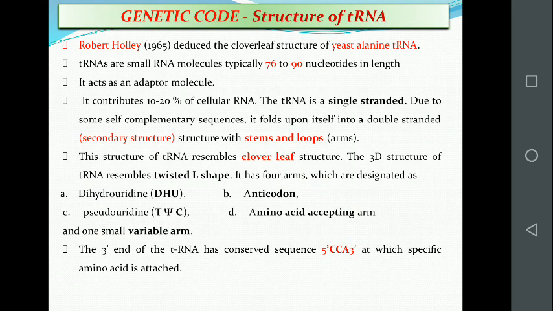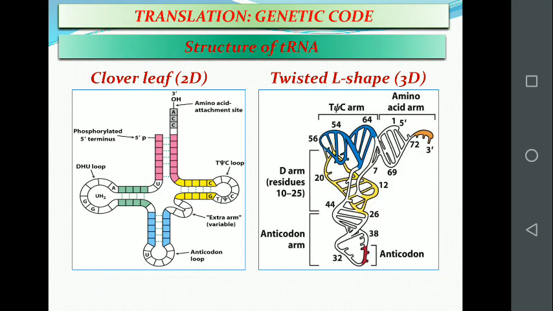And in case of the structure of tRNA, Robert Holley is the scientist who first isolated the yeast alanine tRNA, and tRNA is a small RNA molecule, single stranded, but it folds upon itself wherever it finds internal complementary sequence.